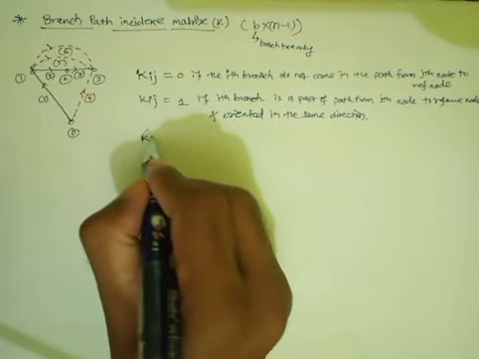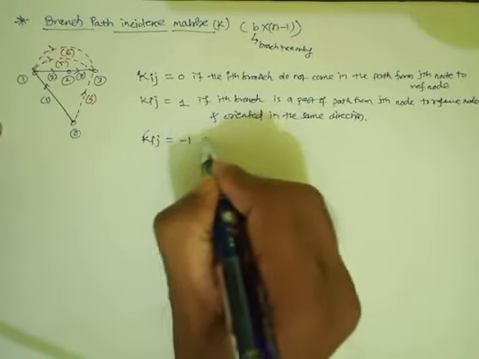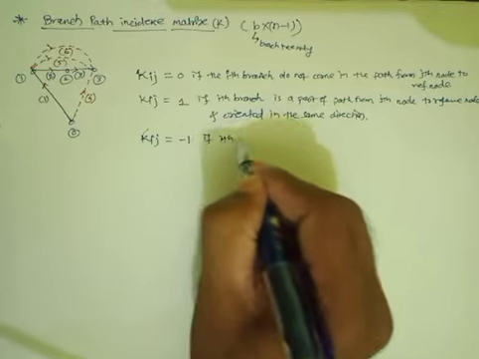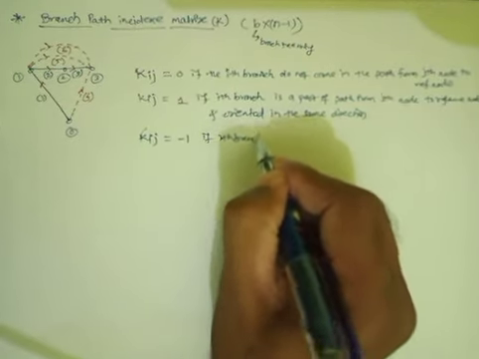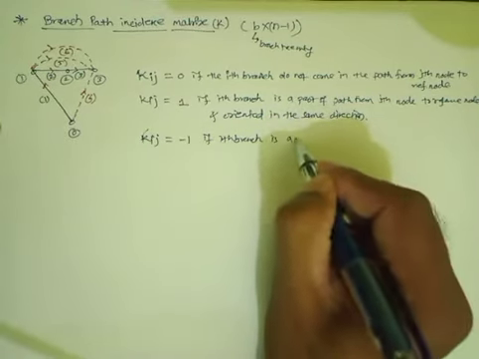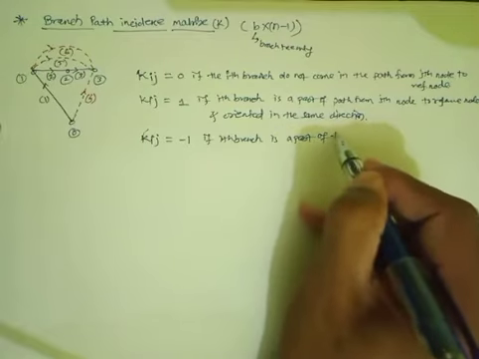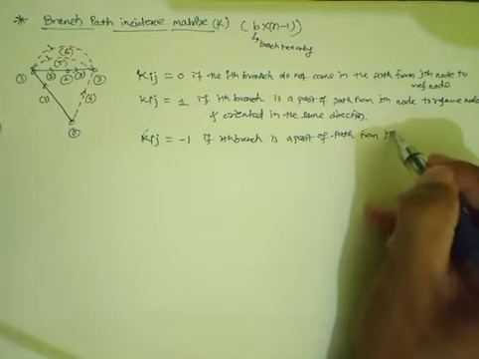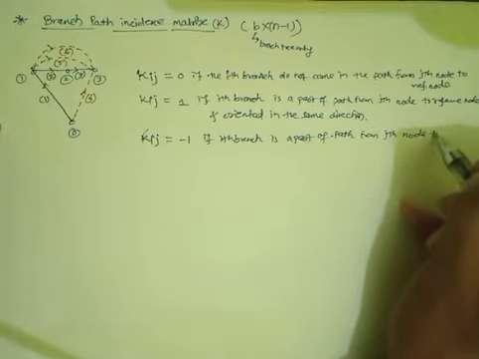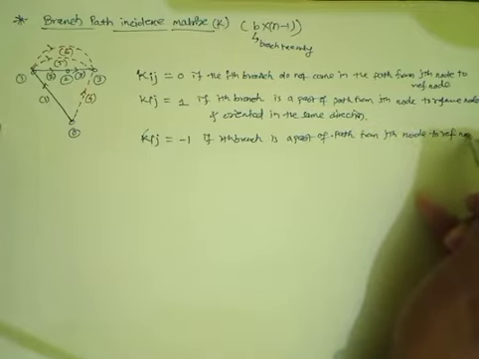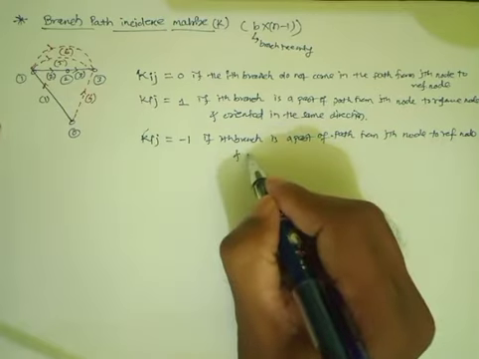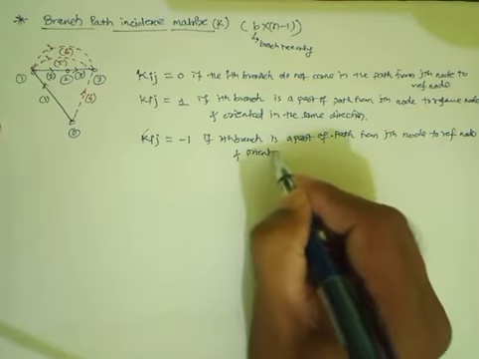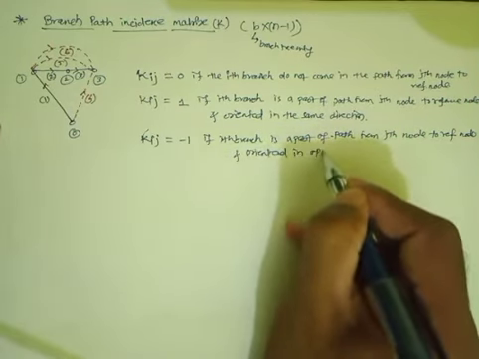and this Kij is equal to -1 if the ith branch is a part of that path from again the jth node to reference node and oriented in the opposite direction.